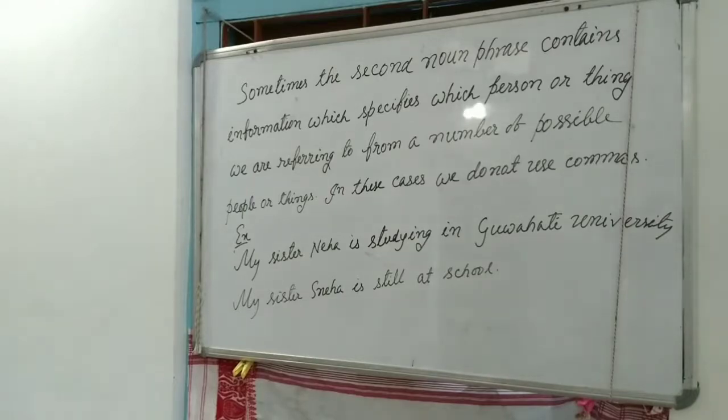That's why we do not use commas to introduce the noun in apposition. We write them plainly without any commas. My sister Neha is studying in Guwahati University. My sister Sneha is still at school. All these are written without using commas.